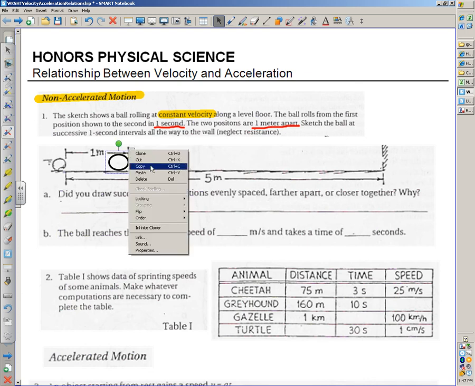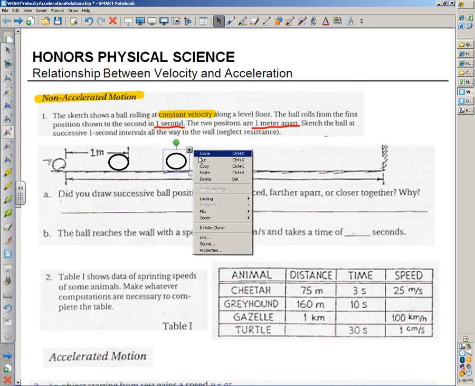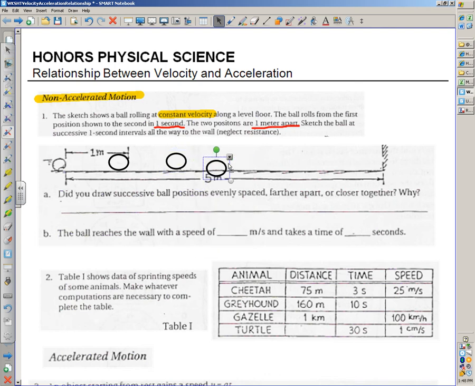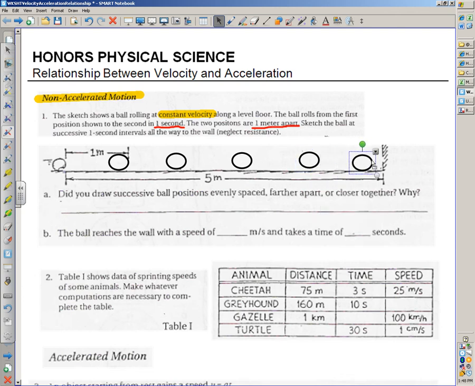So you would draw then the next one here-ish, and then the next one here-ish, and then the next one there-ish, right? Each of those pictures representing 1 second worth of time.